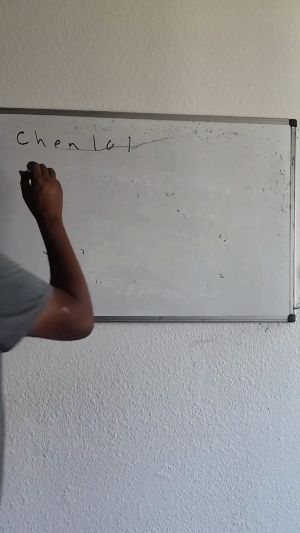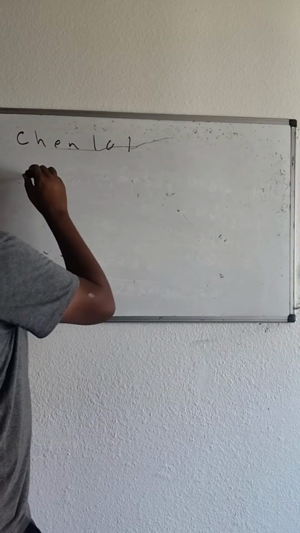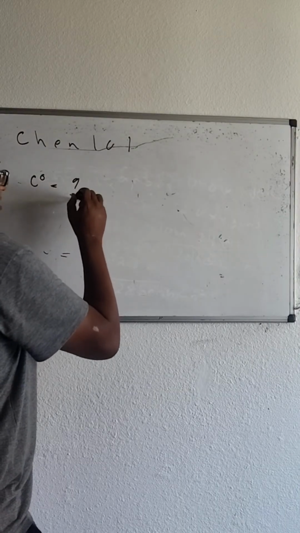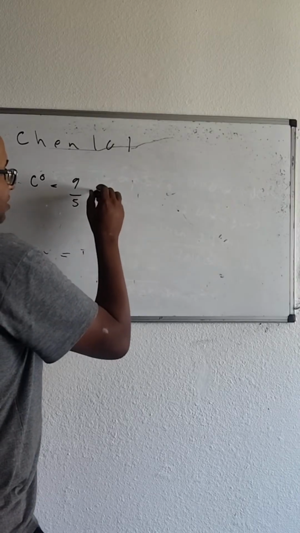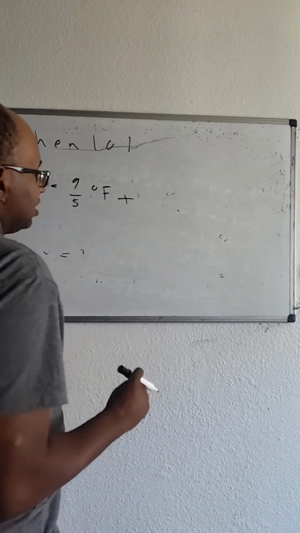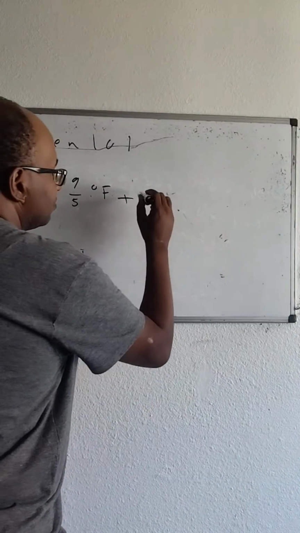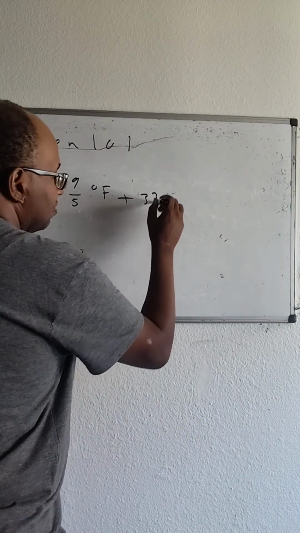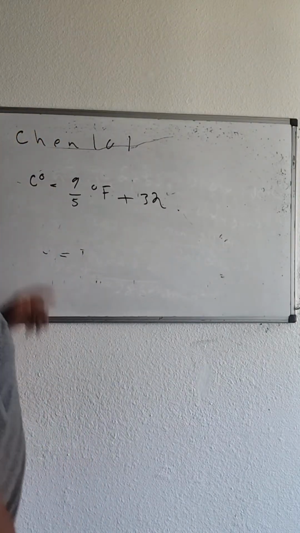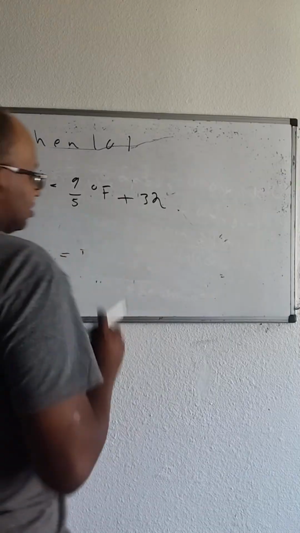So let's use this. If you want to convert to Celsius, it'll be 9/5 Fahrenheit plus 32. So we want to convert to Celsius, so we use this formula.